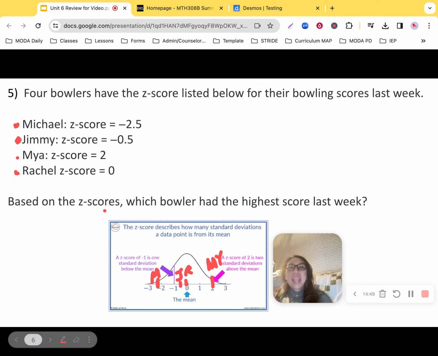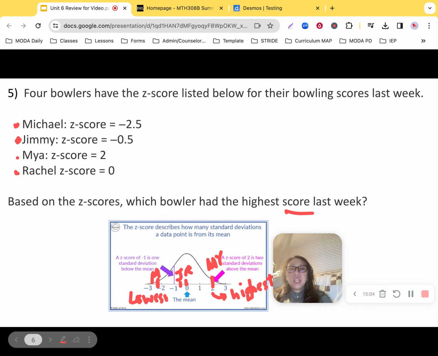So if we're looking at the highest score, this right here would be highest, and below the mean would be the lowest.